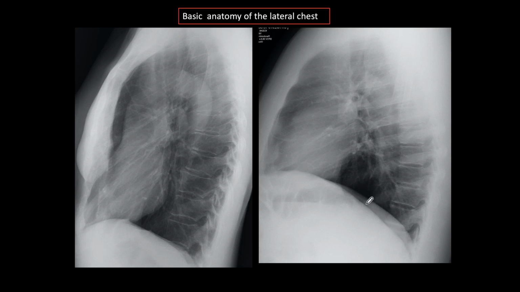Remember that the right one is the one that goes all the way to the front, and the left one is the one that stops when it reaches the heart shadow because of the silhouette sign. So all of this is visible in the lateral chest radiograph, is easily identifiable, and will help us get our bearings in interpreting the lateral chest.